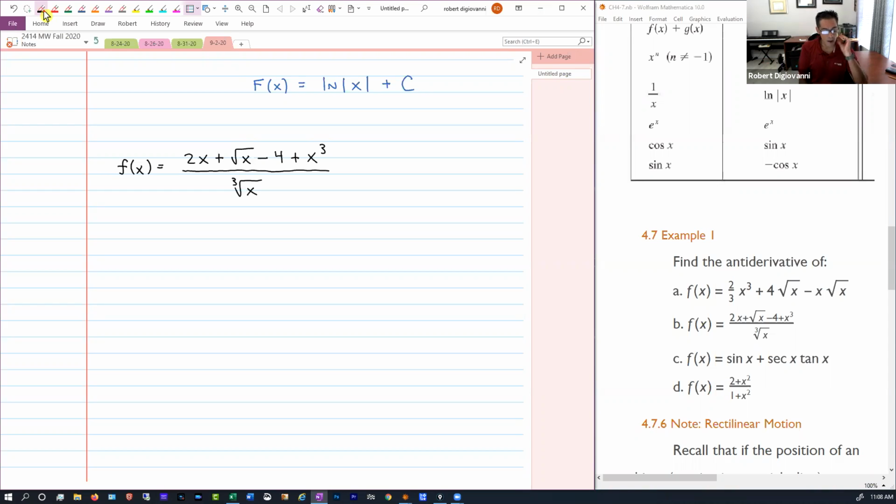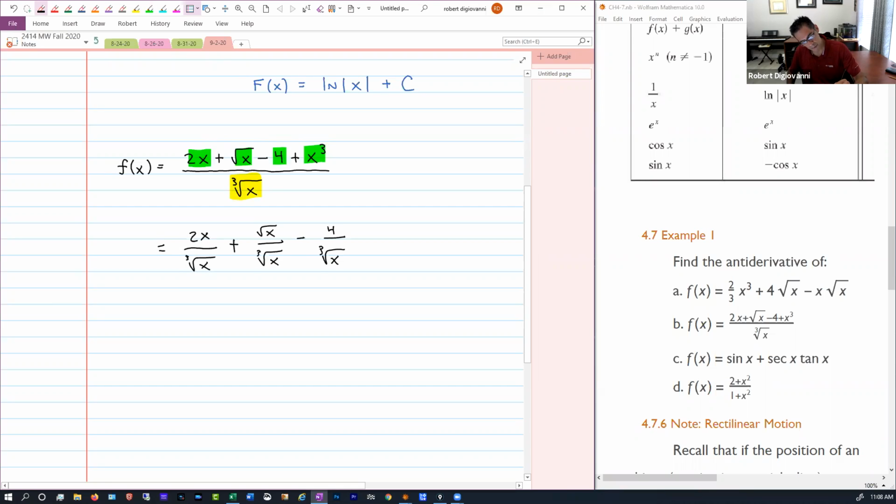So with that in mind, it would look like maybe we can't do anything here, but algebraically, we can actually simplify this. Because we have a single factor in the denominator and multiple factors in the numerator, we can use properties of fractions to split this up into 4 separate fractions. So I'm going to write this as 2x over cube root of x, plus the square root of x over cube root of x, minus 4 over cube root of x, plus x cubed over cube root of x.